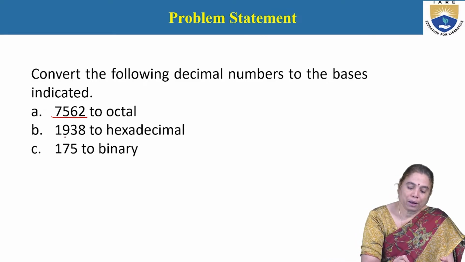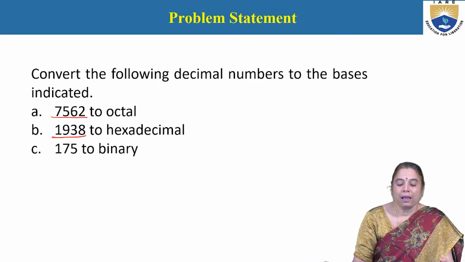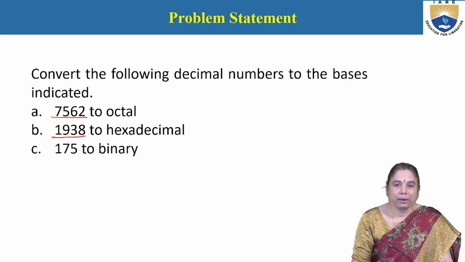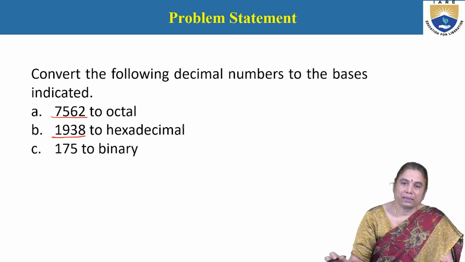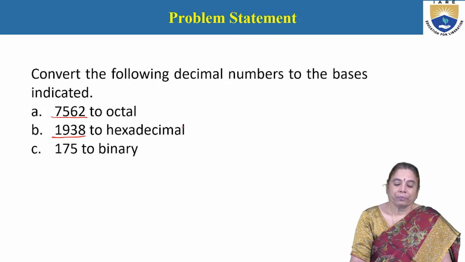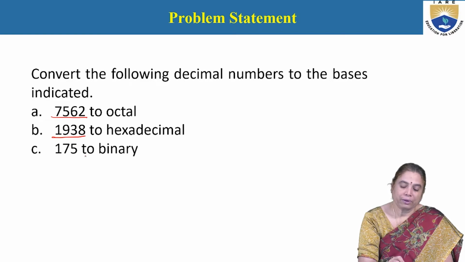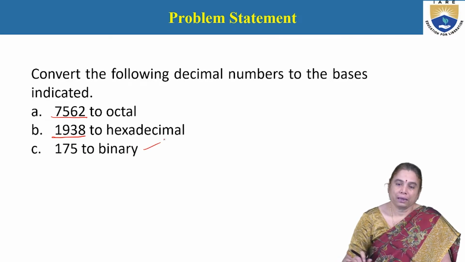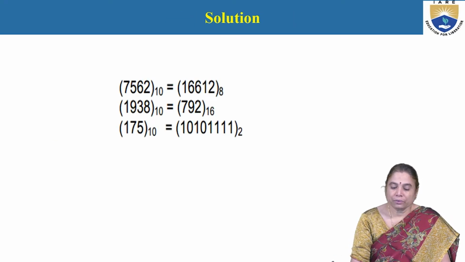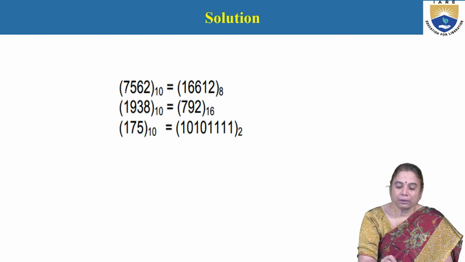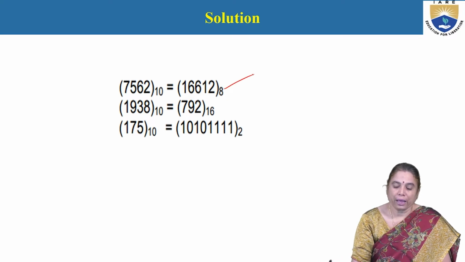And the second problem, 1938, here this number has to be converted into hexadecimal. So with the base value of 16, the number is divided. And in the third case, 175 to binary, with a base value of 2, the number is divided. So here is the solution. Here 7562 is divided and converted into base 8.